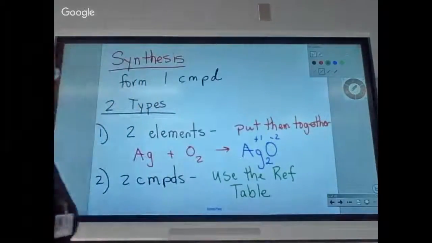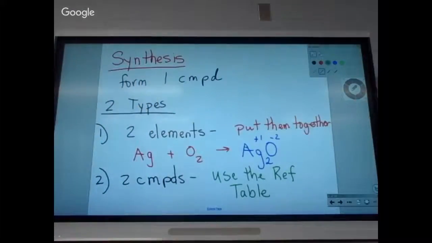Now, the problem you're going to have is you're not going to recognize it, and I'm going to show you why. It's going to look like double displacement to you, and I'm going to show you how you're going to recognize it and know where to go.